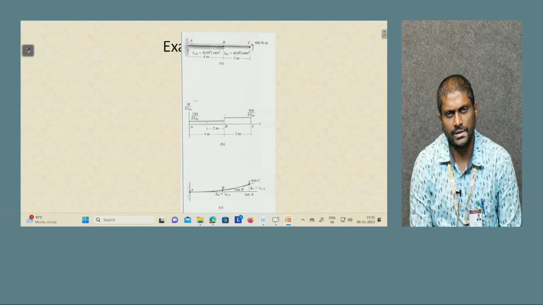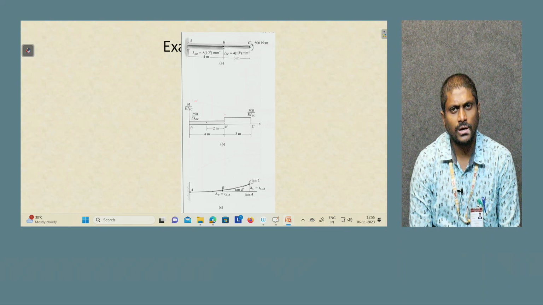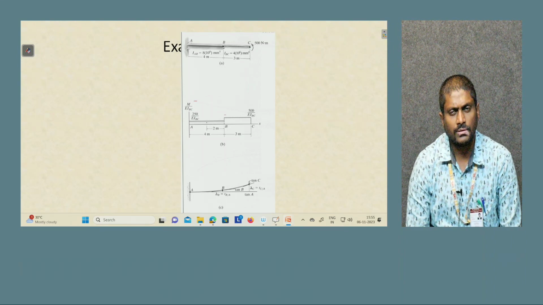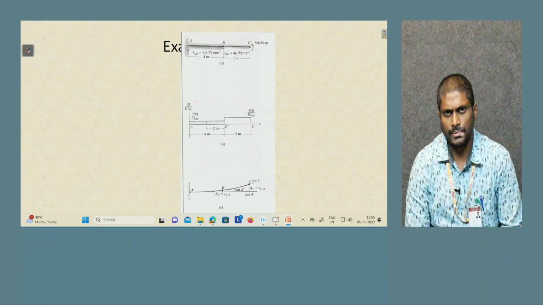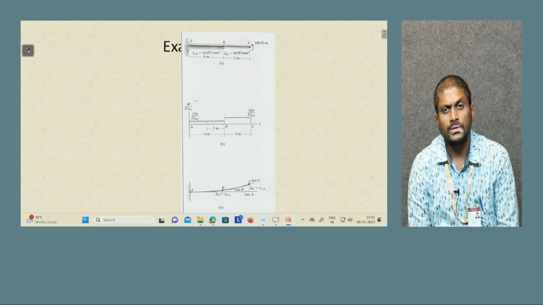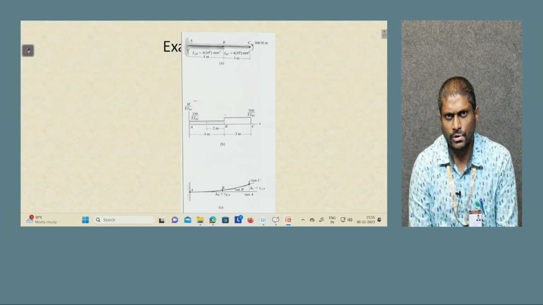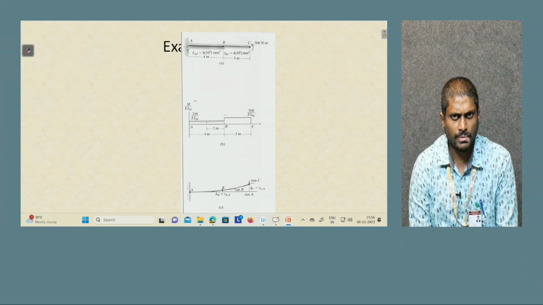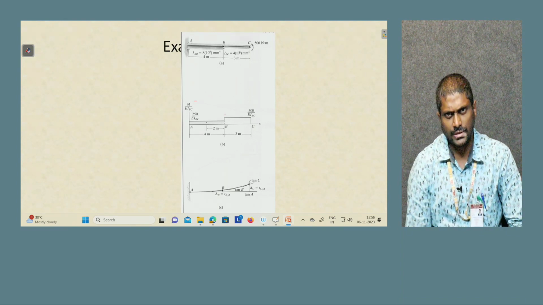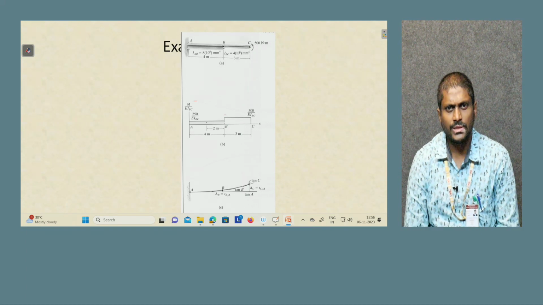It's not prismatic, it's non-prismatic, and at the free end there is an anticlockwise moment of 500 Newton meter applied. You have different moments of inertia: IAB equals 8 into 10 to the power 5 mm to the power 4, IBC equals 4 into 10 to the power 6 mm to the power 4, with A to B being 4 meters and B to C being 3 meters.